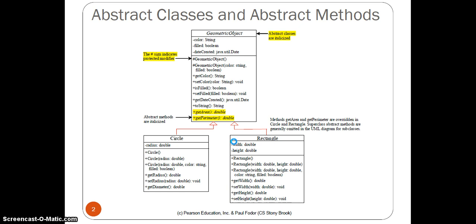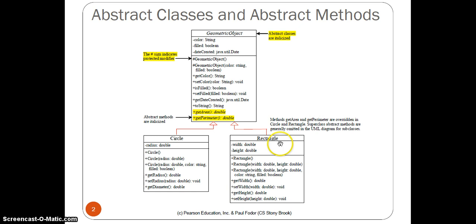I think the fonts are a little small, but I hope you should be able to read them. I have a geometric object class over here, right? And again, a quick recap that this is a UML representation of various classes where I have highlighted some new points that we'll be seeing across this chapter: abstract classes are italicized.